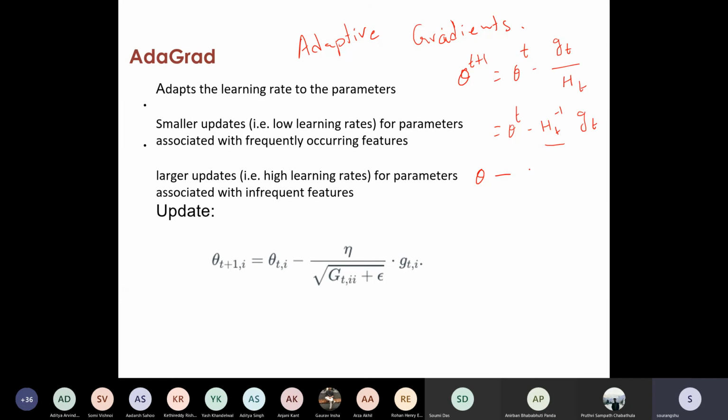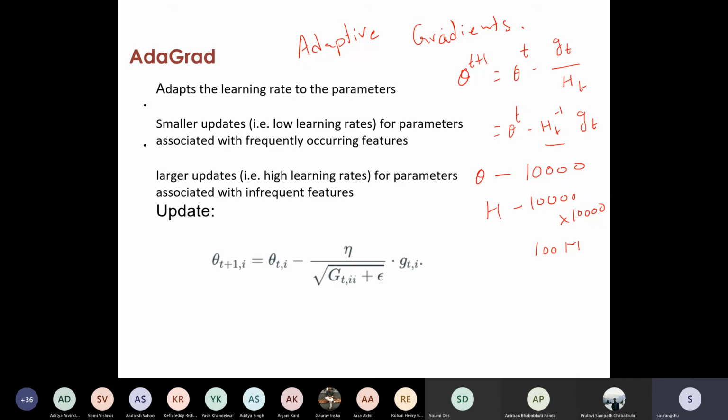Let's say you have 10,000 parameters. Then your ht is going to be 10,000 cross 10,000, and ht is always dense. You can check that the Hessian is always dense. This is 100 million values. If you have to calculate a matrix and then invert a matrix of 100 million size every iteration, it is just not feasible.